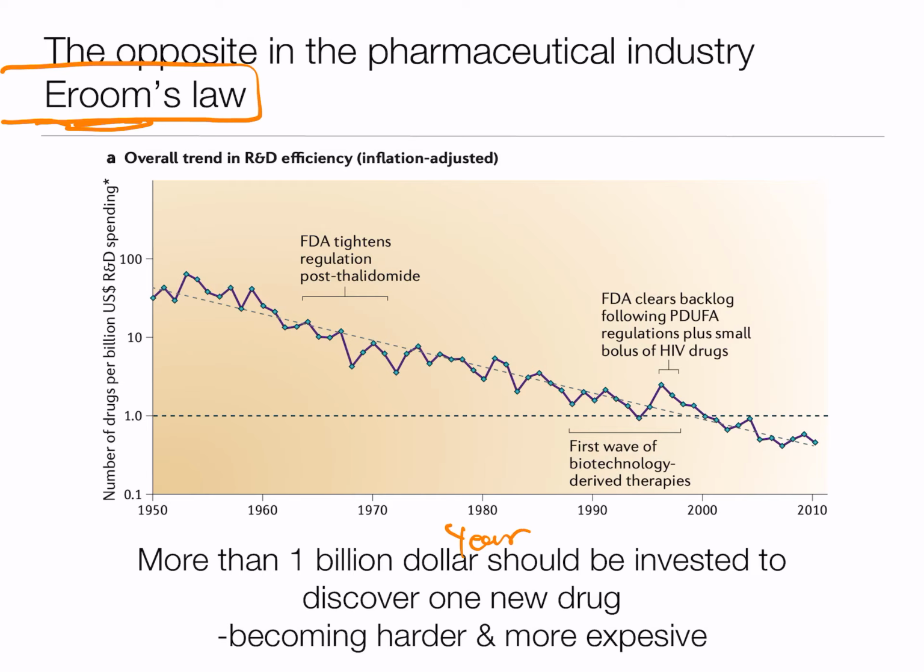In the 1950s and 60s, if you spent $1 billion, you could have developed more than 10 new drugs. But these days, even if you invest $1 billion, it is hard to develop one drug. So drug discovery is becoming harder and harder and also more expensive.